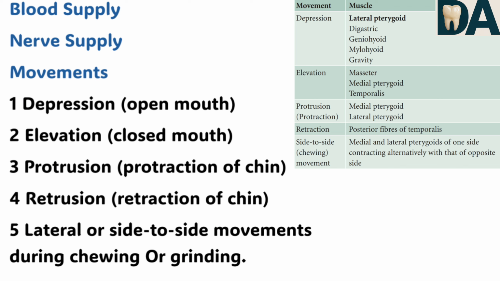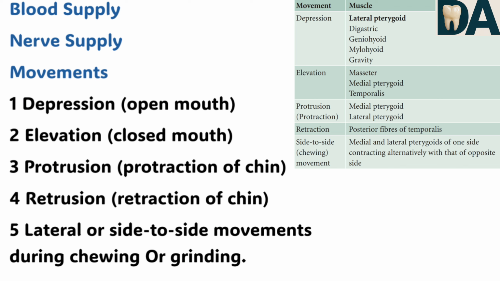Now go to the five movements and the muscles that help. Depression is helped by the lateral pterygoid, gravity, digastric, geniohyoid and mylohyoid muscles. Elevation is helped by three muscles: masseter, medial pterygoid and temporalis.